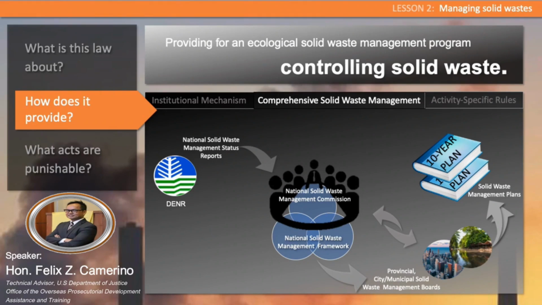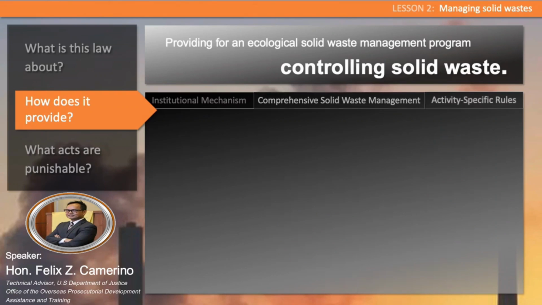Okay. So with that said, I think we're done with this tab, and we should now be able to proceed to the next tab, activity-specific rules. In its aim to control solid waste, this law provided special rules for some particular activities as well as topics.